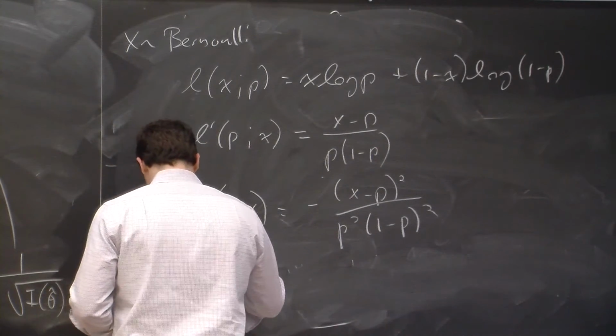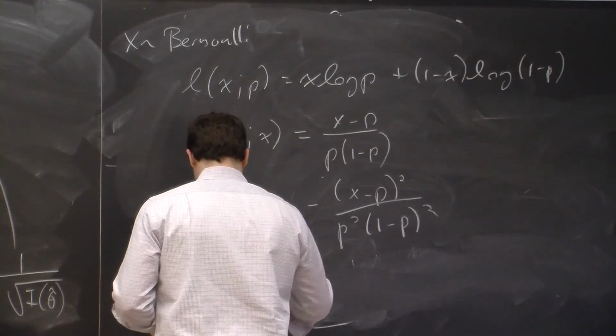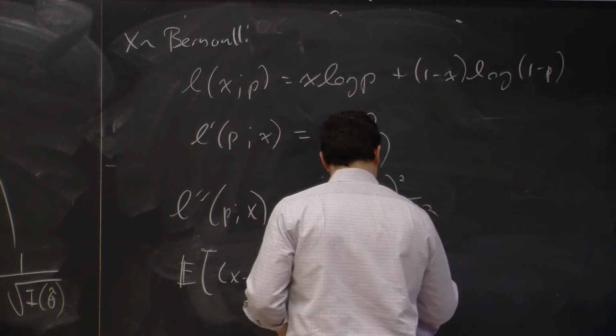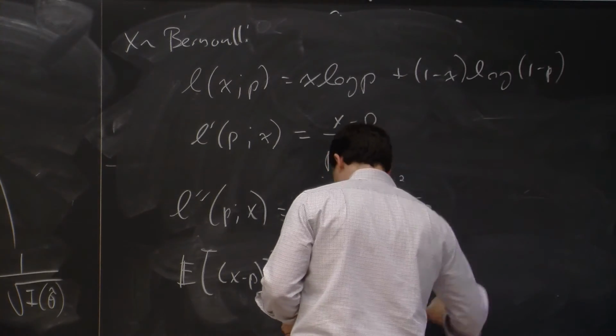And the expectation of (x minus p) squared is equal to the variance of x, p(1 minus p).